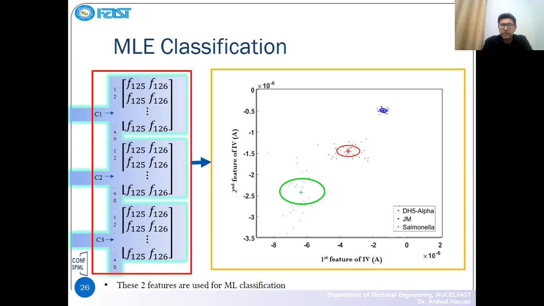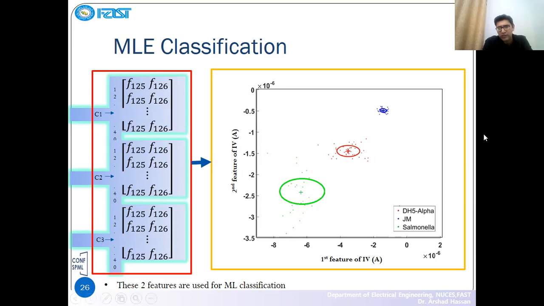Actually, the plus sign indicates the mean, and the circle indicates the covariance of each class. So we have used 70% of the data to calculate the mean and covariance, and then we created an ML model and passed the mean and covariance to classify the bacteria.